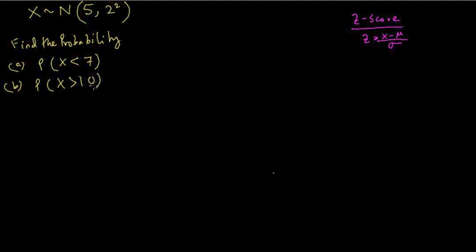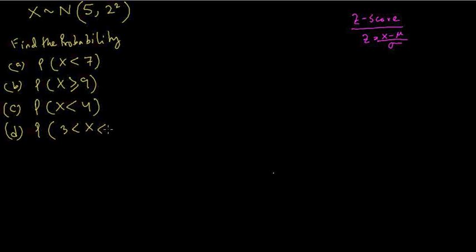Then, for convenience, let's make this greater than or equal to 9. Then we can have probability of x is less than 4. Then we can have probability of x is between 3 and 6. Okay, so let's do these 4 sums.